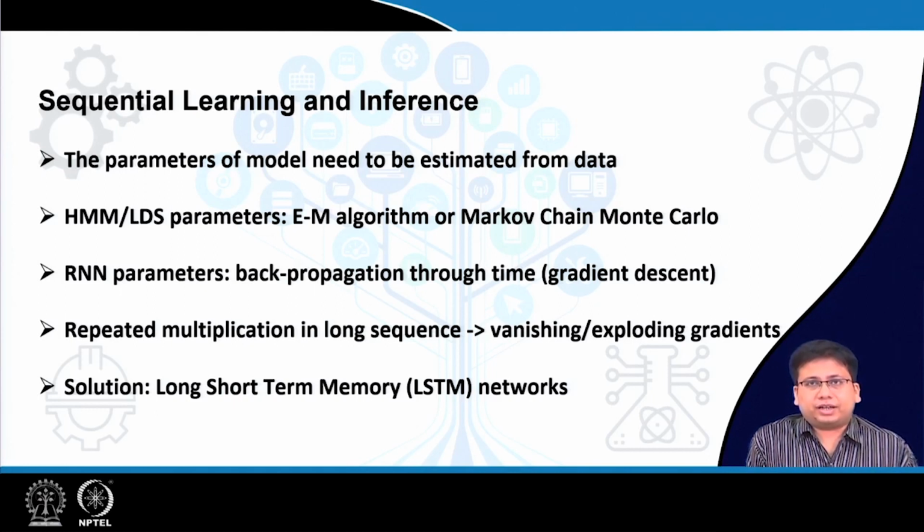If the numbers are less than 1, then as you keep on multiplying many of them, the product will tend towards 0, and if they are greater than 1 and you keep multiplying them, it will tend towards infinity. So this is the famous vanishing or exploding gradient problem of RNNs, and one way to solve it is the long short term memory networks, or the LSTM.